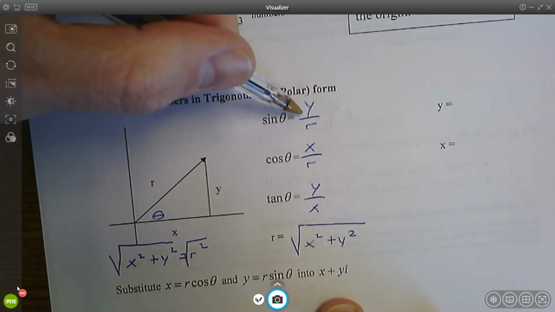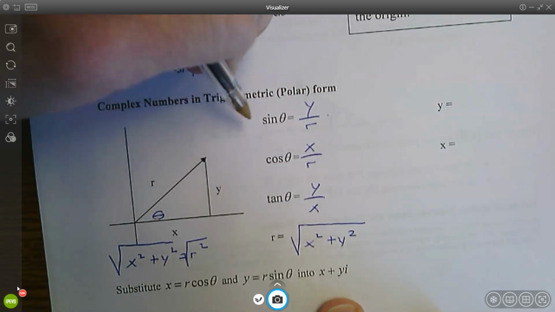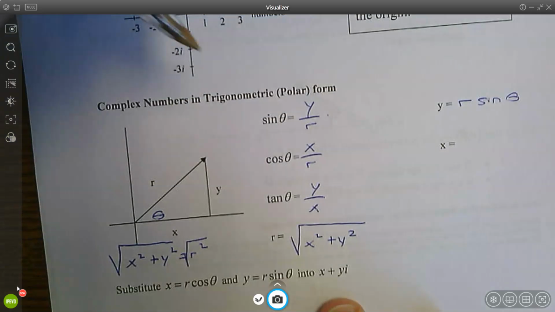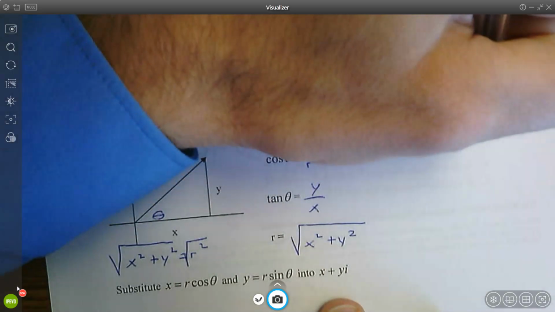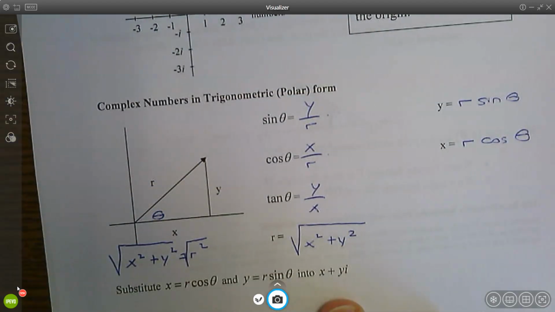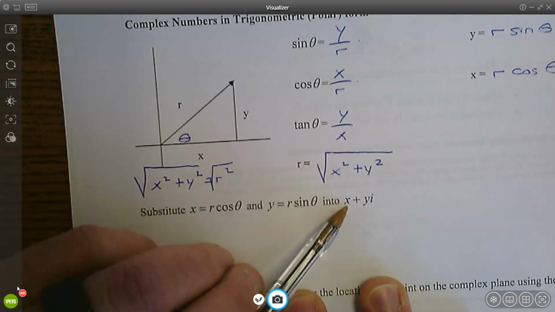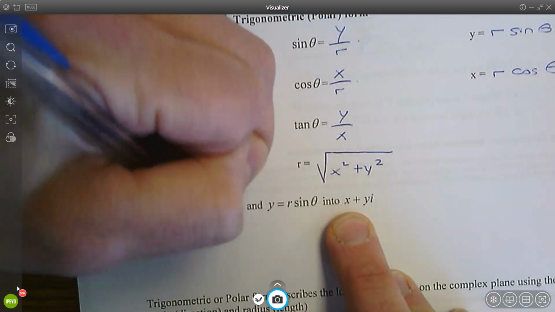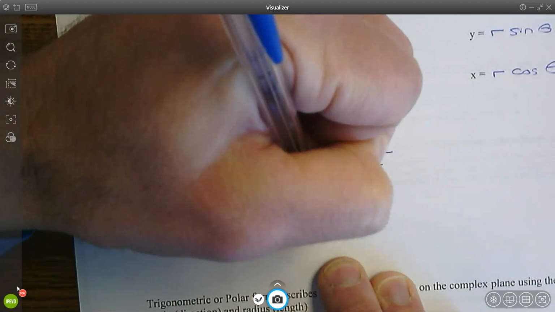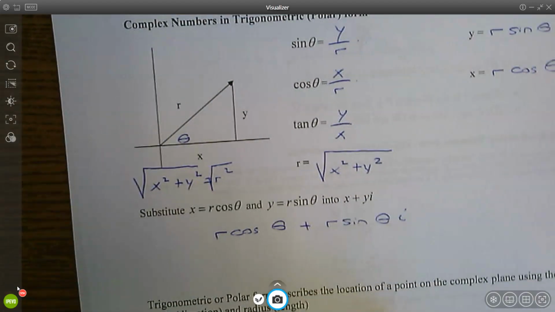If I wanted to solve this equation for y, if I multiplied both sides by r, y is going to be r sine theta. Similarly, cosine, if I do that, will be r cosine theta. So if we take that and substitute that into complex form, x is r cosine theta, and y is r sine theta times i.